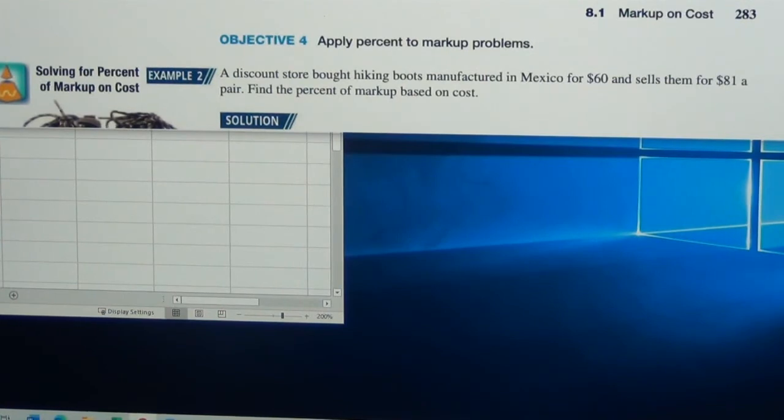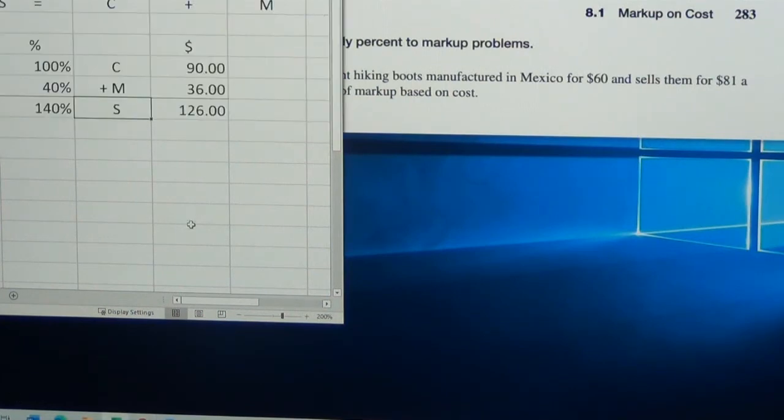A discount store bought hiking boots manufactured in Mexico for $60 and sells them for $81. Find the percent of markup based on cost. Okay, so we're going to get our little formula here, our spreadsheet, our calculator, I should say, and clear everything out because now we're looking at a new problem.